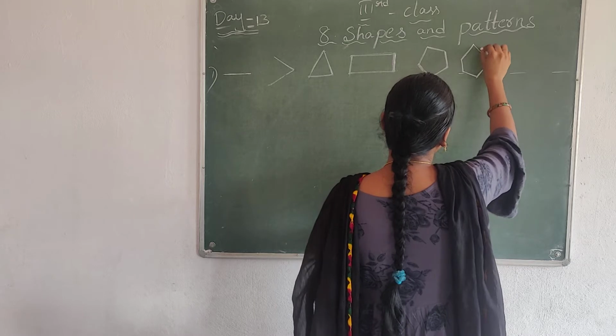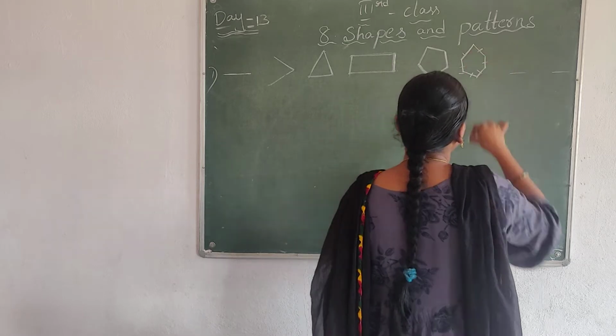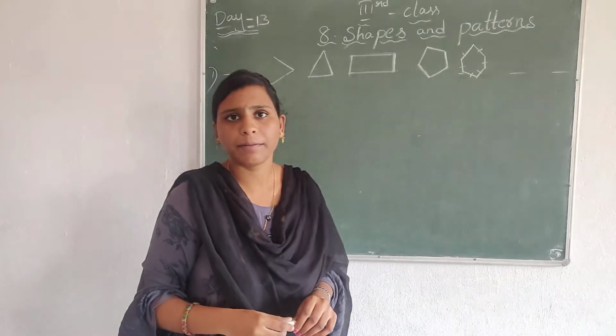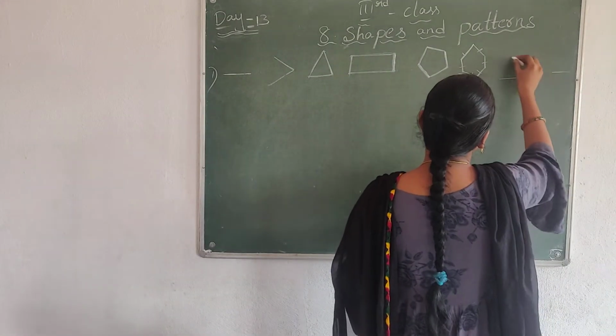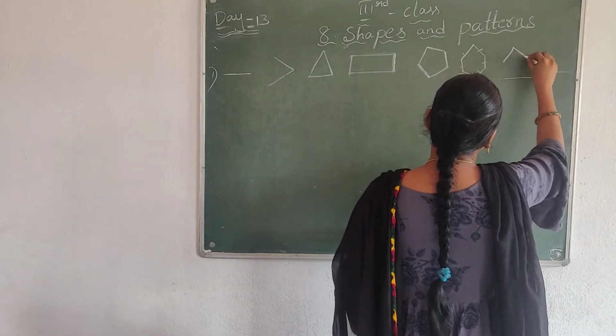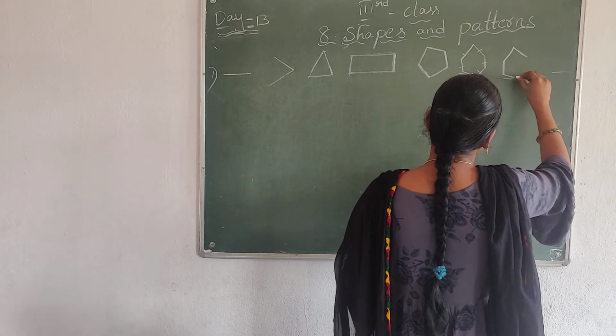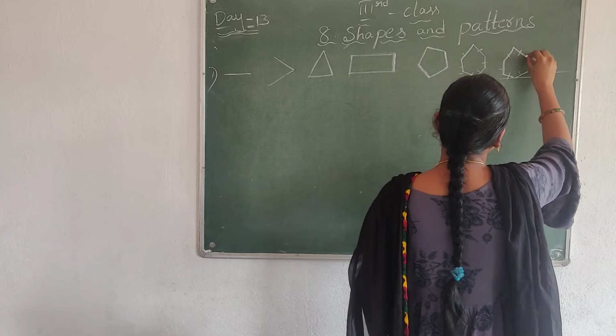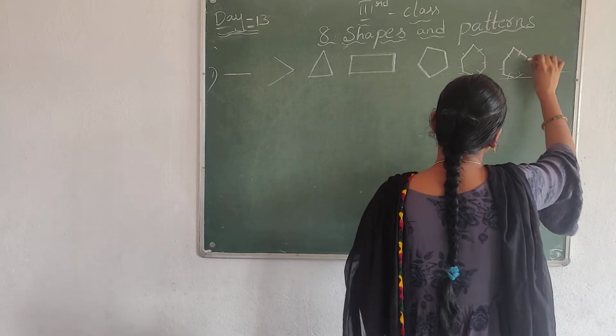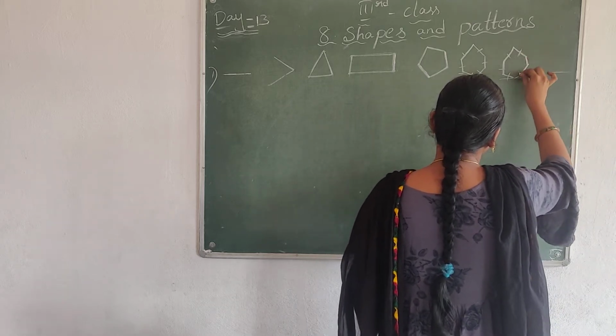If you take 1, 2, 3, 4, 5, 6 lines, it comes a heptagon. Next. 1, 2, 3, 4, 5, 6, and 7.